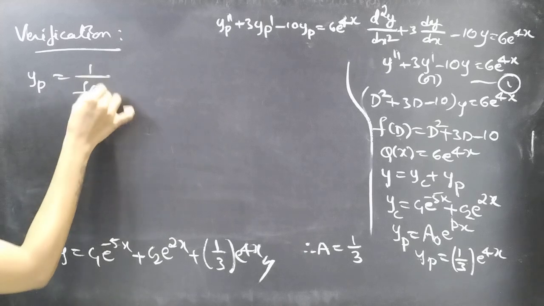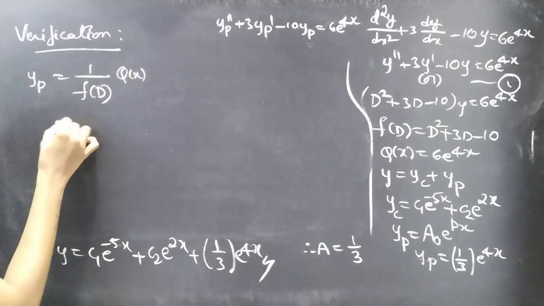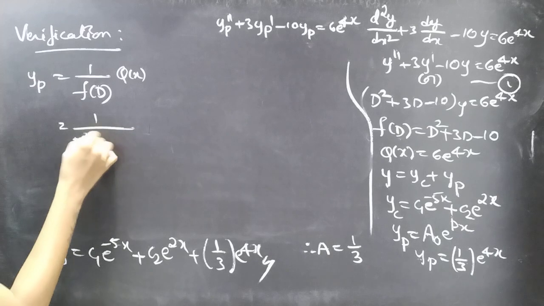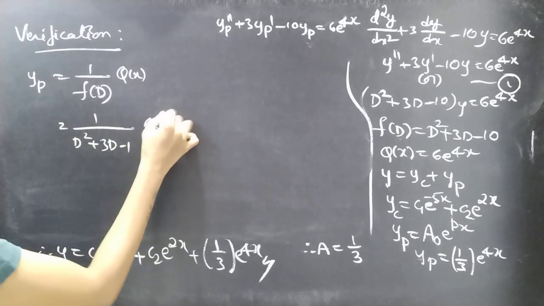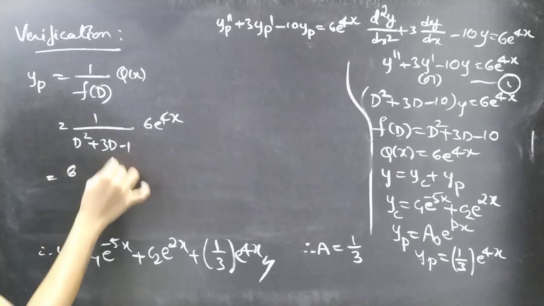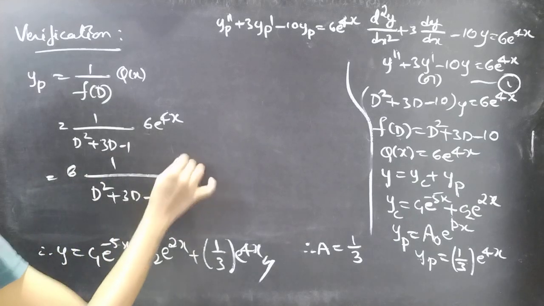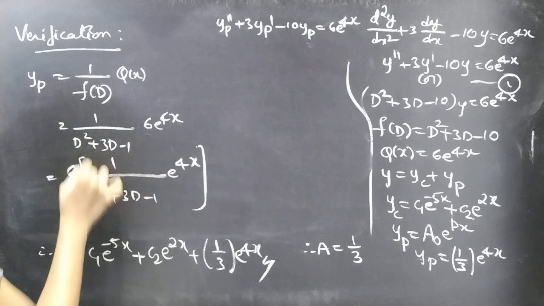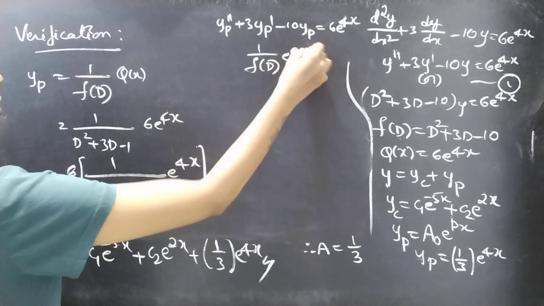We can verify yp using 1 by f of d into q of x, where f of d is d square plus 3d minus 10 and q of x is 6 e power 4x. We can write this as 6 into 1 by d square plus 3d minus 10 into e power 4x. See, this is of 1 by f of d into e power ax form, right?